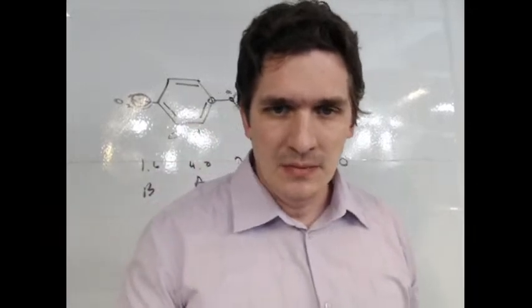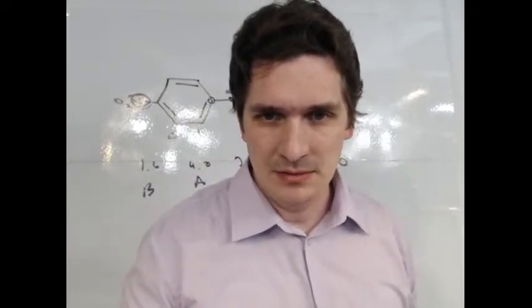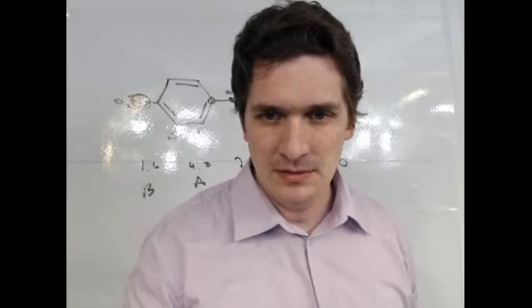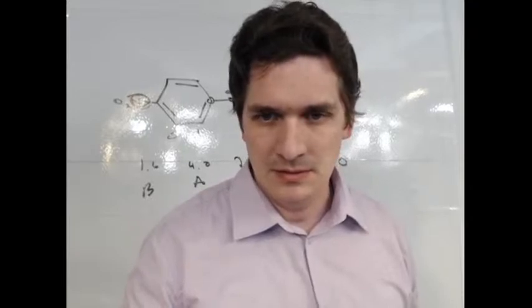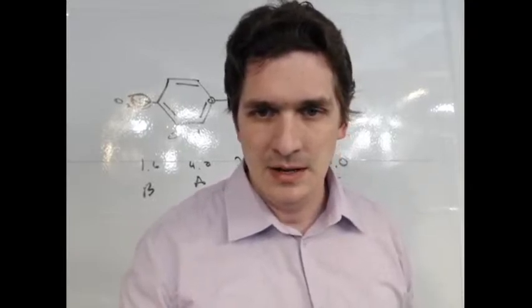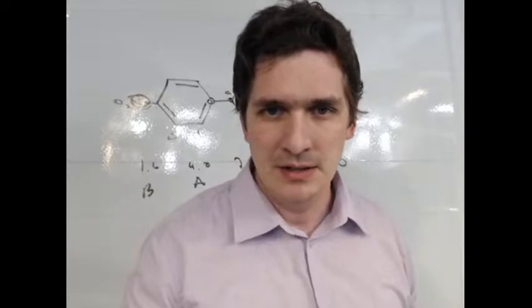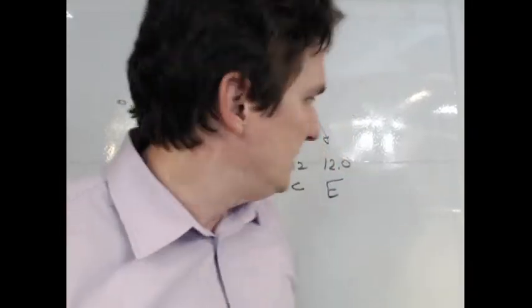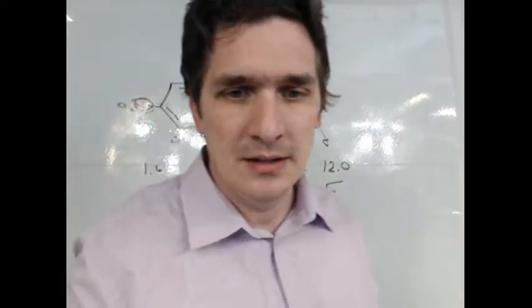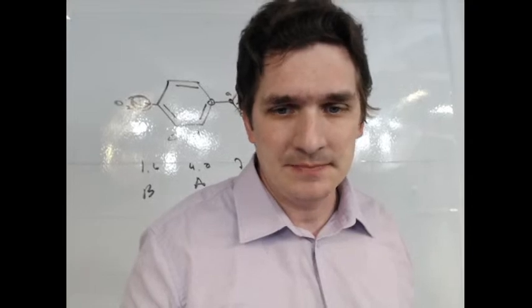So let me drag them down and verify what I just told you is correct. So I get B, A, D, C, E. When I check my work, it tells me I'm correct.